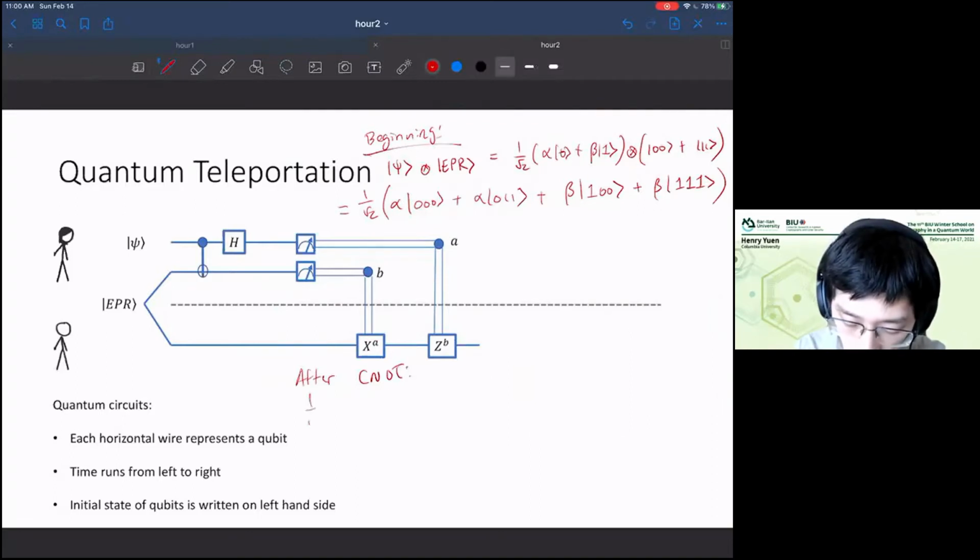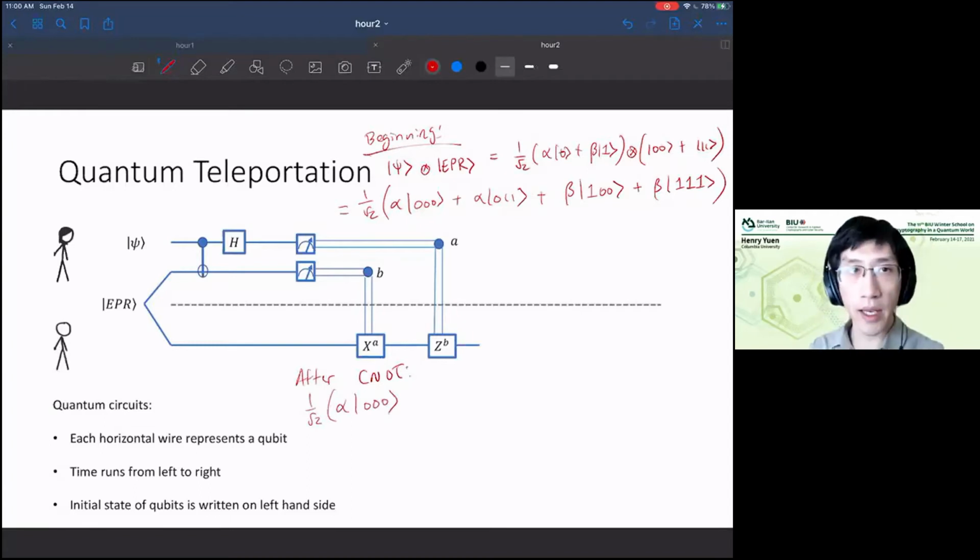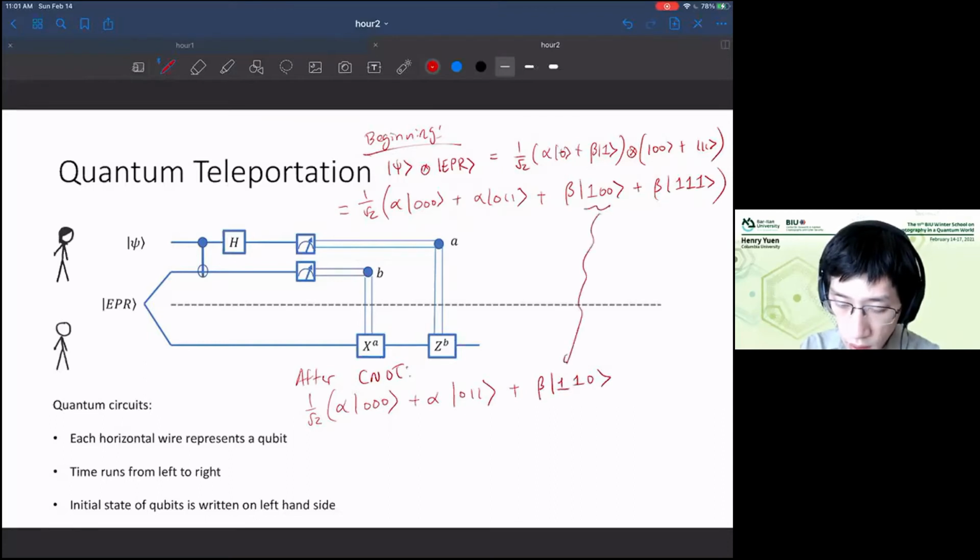So this is going to be 1 over square root 2 alpha 0, 0, 0, because applying the C0 to the first 2 qubits of 0, 0, 0 doesn't change anything, plus alpha 0, 1, 1, right? Again, nothing's changed because the control qubit is still in the state 0. We have beta 1, 1, 0. So the second qubit's been flipped because of the C0, and now we have beta 1, 0, 1.